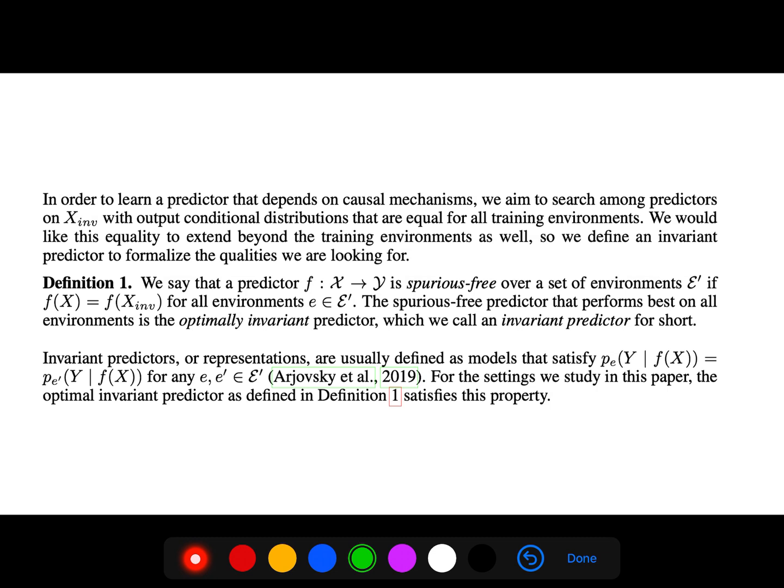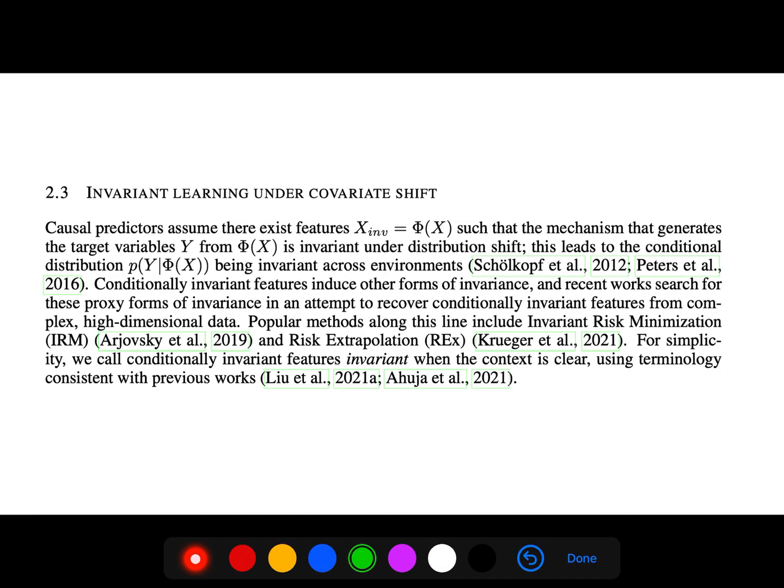The spurious phi predictor that performs best in all environments is the optimally invariant predictor, which we call the invariant predictor. Causal predictors assume that there exist features such that the mechanism that generates the target variable is invariant under distribution shift. This leads to the conditional distribution being invariant across domains, across environments.